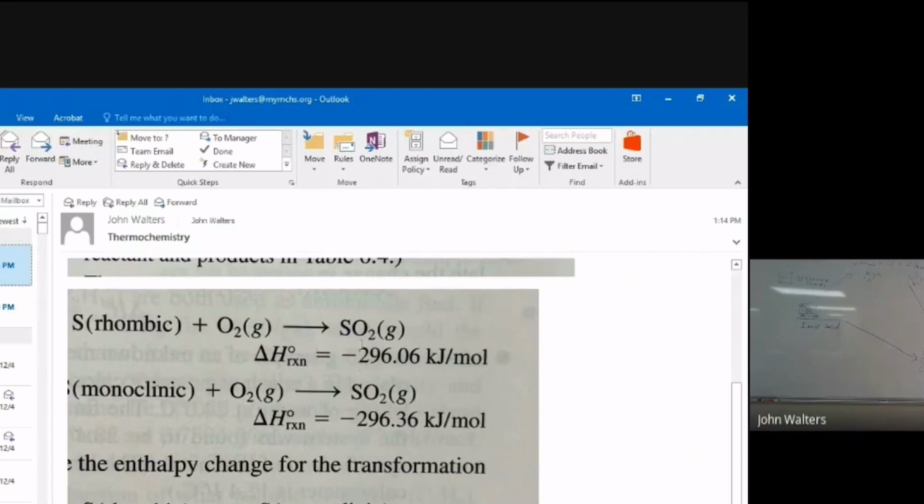When we rearrange, if we reverse this, the enthalpy change sign value changes. If we keep it the same, obviously the sign value remains the same. I might have to times everything by 2 in order for it to cancel out with the bottom. Looks like in this case you don't have to do that.